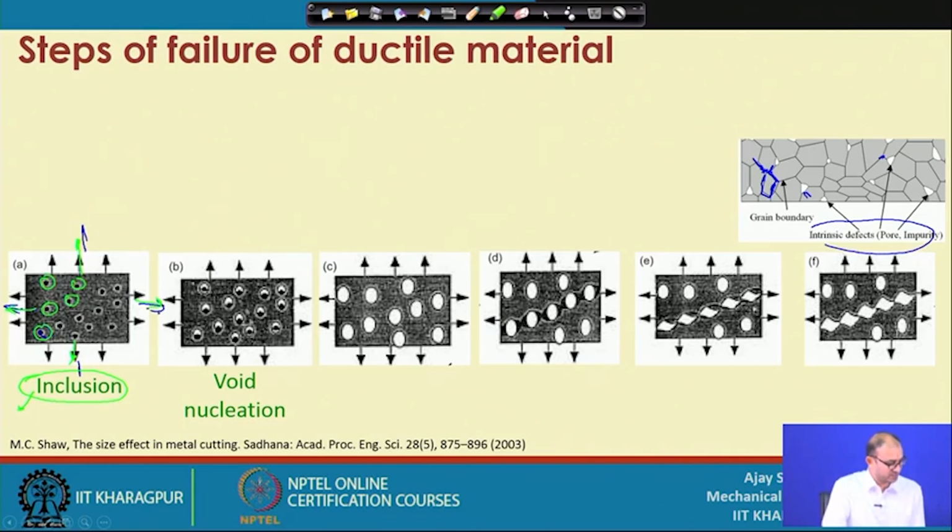Wherever there is a high load, your workpiece will be elongated in this direction. This white portion is the extra amount of failure. Now your workpiece is getting elongated in this direction. If you continue, this void will grow, and the growth of the voids will create one particular direction where the distance between the voids is very small.